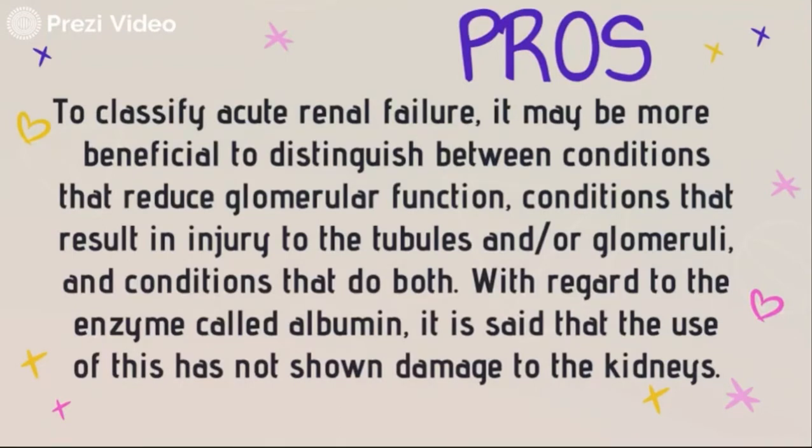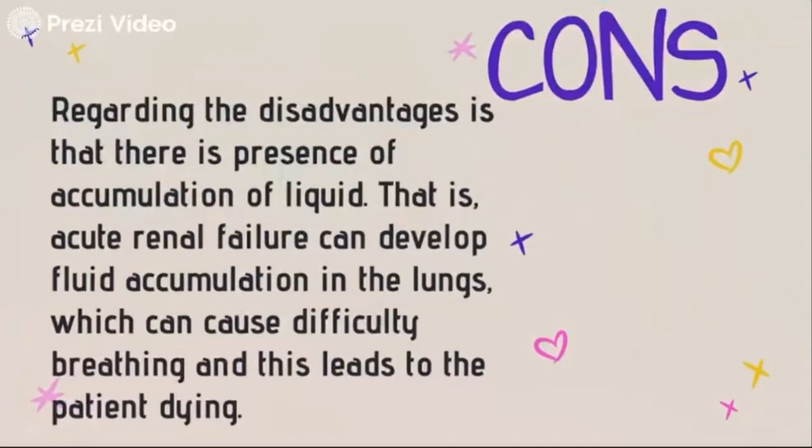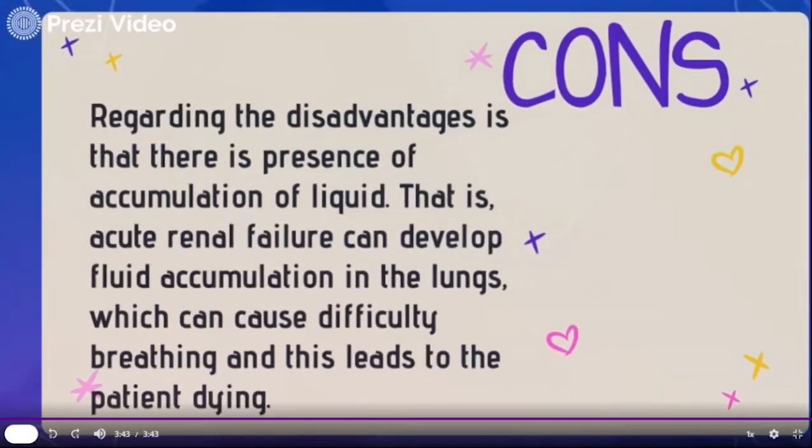With regard to the enzyme called albumin, it is said that the use of this hasn't shown damage to the kidneys. About the cons regarding the disadvantage is that there is presence of accumulation of liquid. That is, acute renal failure can develop fluid accumulation in the lungs, which can cause difficult breathing, and this leads to the patient's death.